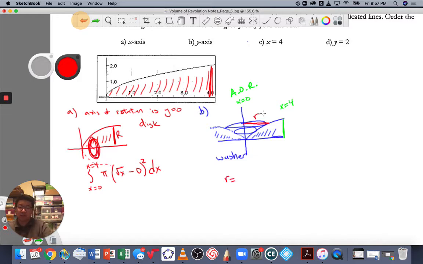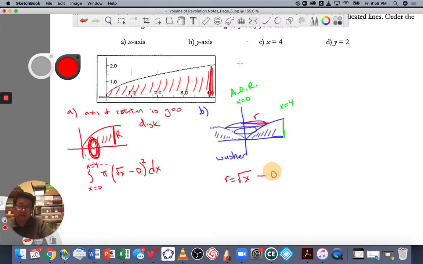So in this particular case, it'll be the square root of x minus 0, okay? Now, what do we know about the square root of x though? Is that what it's supposed to be when we rotate around a vertical line when we do things with respect to y? Nope. So this right here, we need to rewrite.